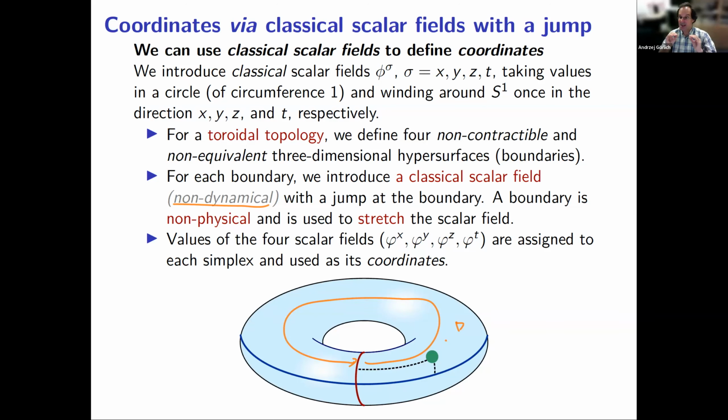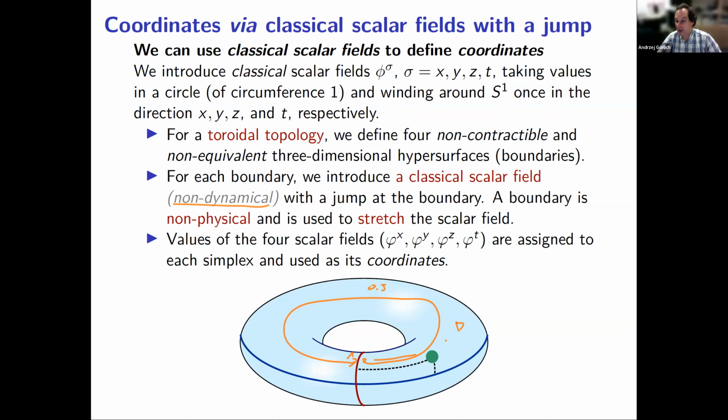So you can assign these 4 values of the scalar fields to each simplex and use them as coordinates, and they will change more or less continuously from 0 on one side to 1 on the other side, and then they will grow as you go around in a given direction.